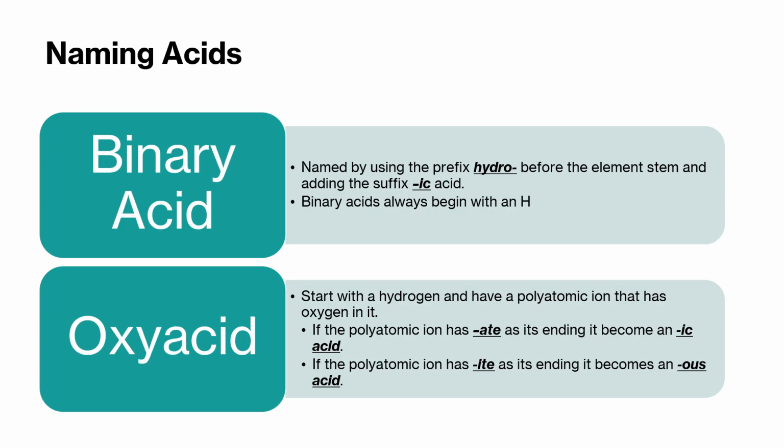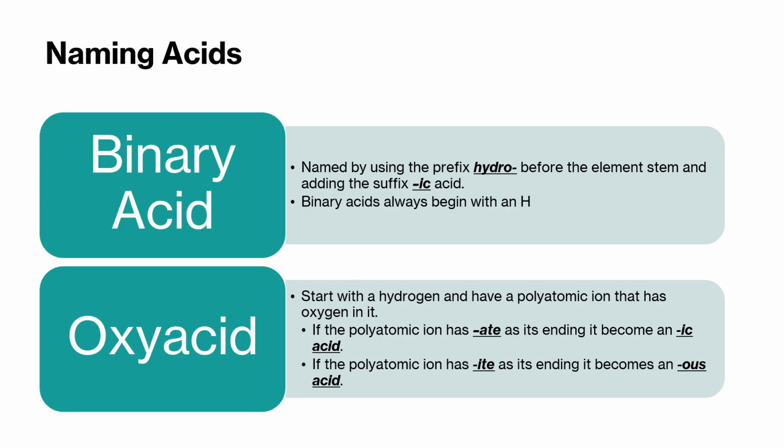It can have more than 1 hydrogen, but it starts with H and has one other atom. Binary acids are named by putting hydro before the element stem and then adding IC acid to the end. So for example, HCl becomes hydrochloric acid, hydrobromic acid for HBr, and it continues from there.